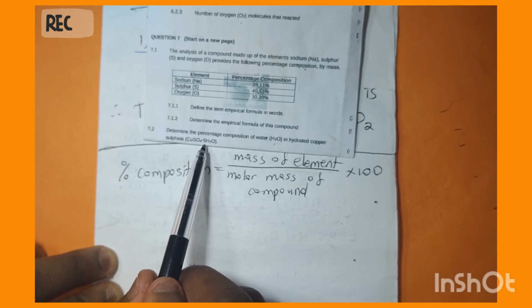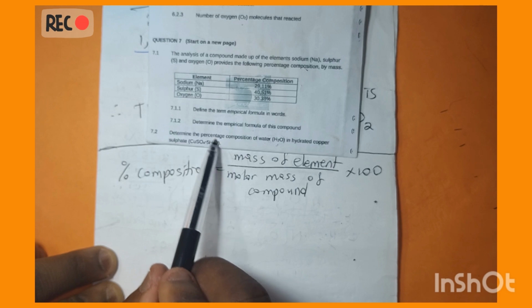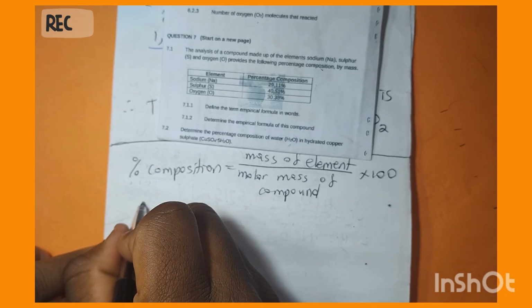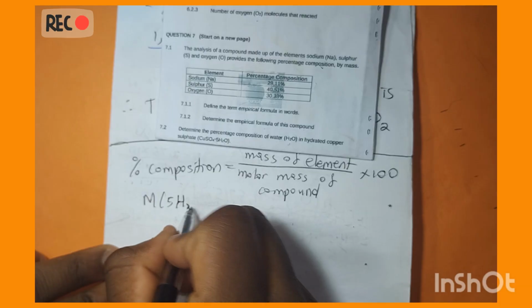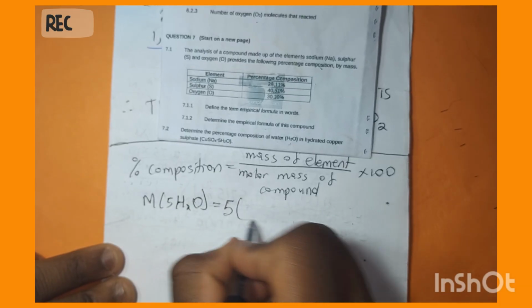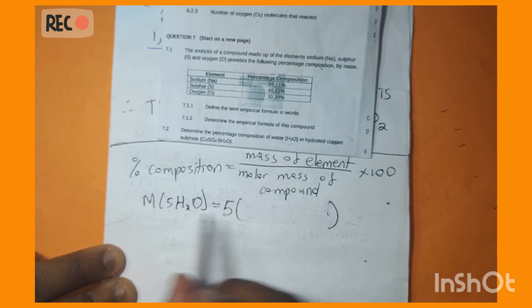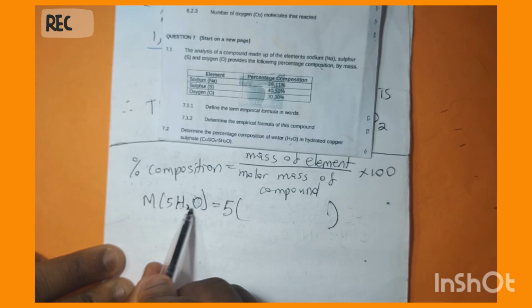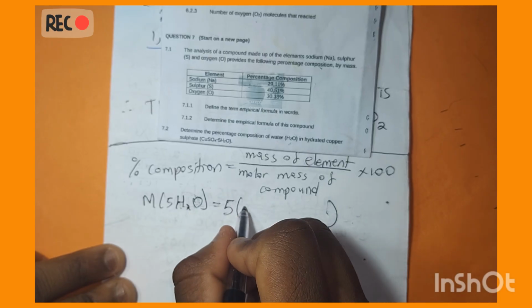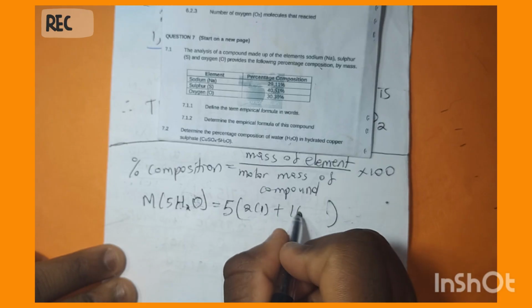In that compound we are told that we have 5 waters, meaning I can get a molar mass of 5 waters. That 5 will be outside, like this. Then inside, I use my periodic table to identify the mass: it's 2 times 1, plus 16.